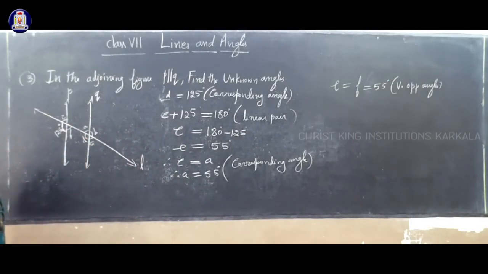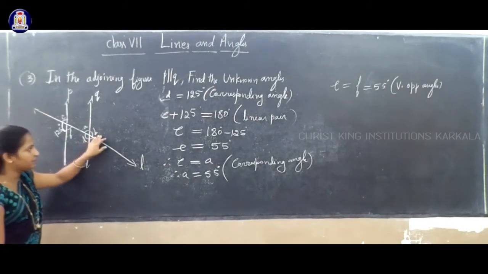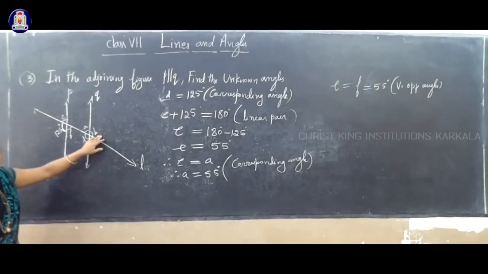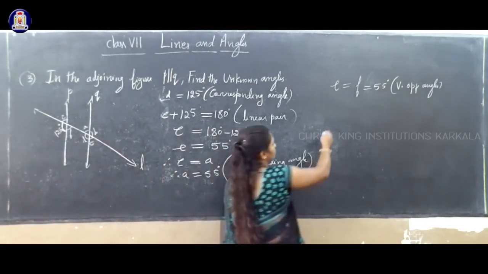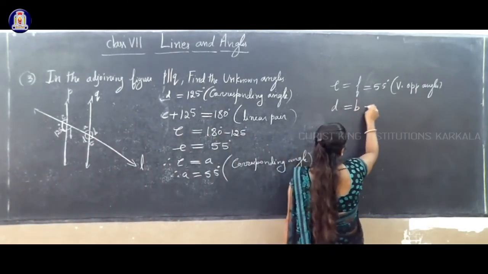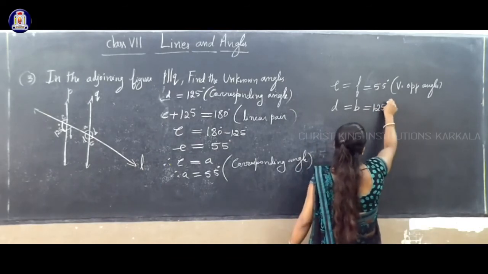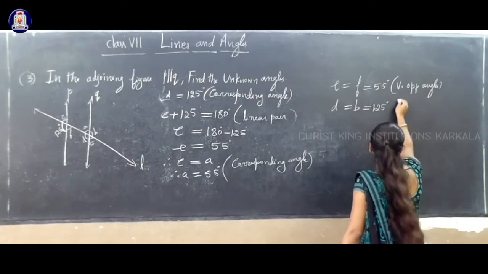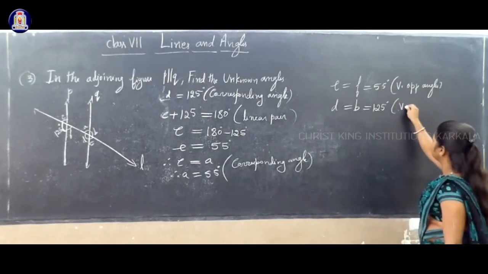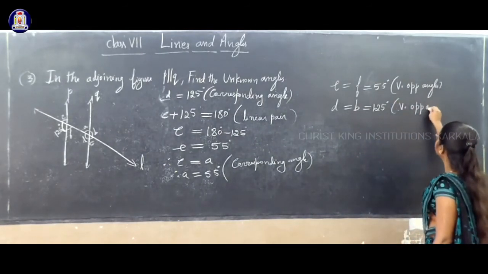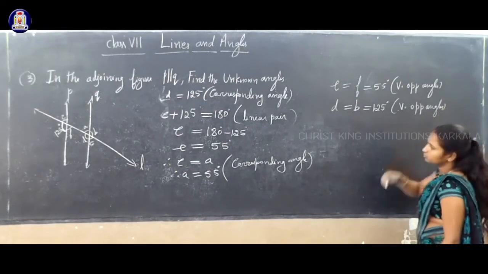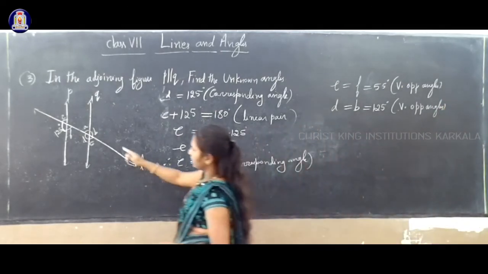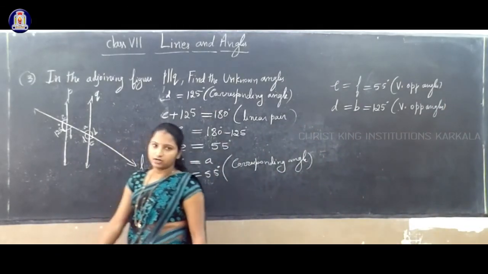Now, can you say angle B and angle D are equal? Do you know angle D? Yes, we know angle D is 125 degrees and angle B is also 125 degrees. So write angle D is equal to B, that is equal to 125 degrees. Reason: they are vertically opposite angles.